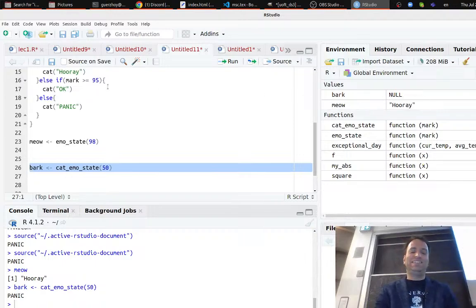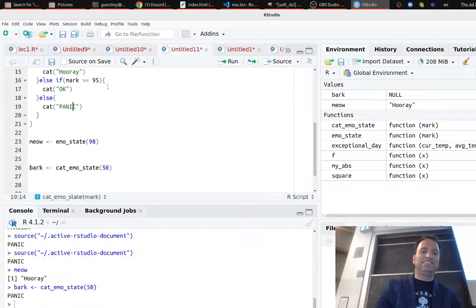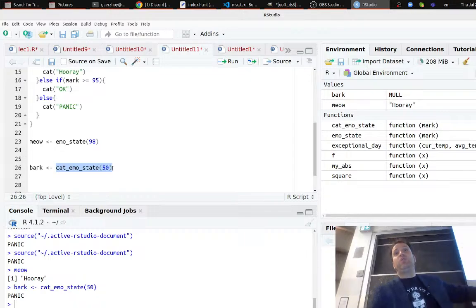And the reason is that this has the effect of that. This tells R print panic right away. But the value of this is not panic. The value of this is in fact nothing. So if you're saying cat emo state of 50, that will have the effect of printing panic. But the value of this is not going to be panic, it's going to be null, and that's what's going to get assigned to bark.